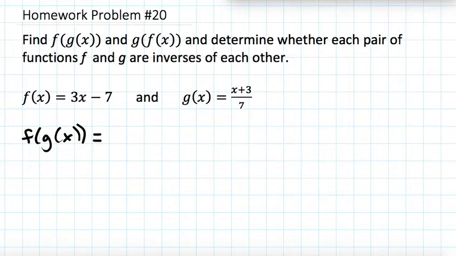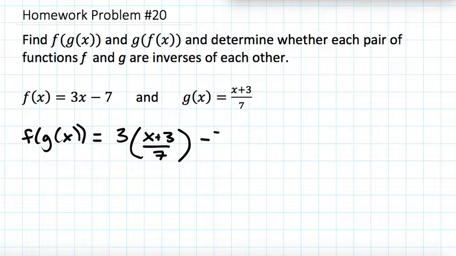It doesn't just ask you whether they're inverses or not. So this means that I'm plugging g into f. So f is 3x minus 7. Replace that x with x plus 3 over 7. Now, what I can see is that in this one, I do not have the same number here that's going to cancel with this fraction.